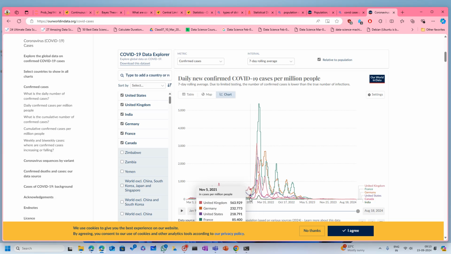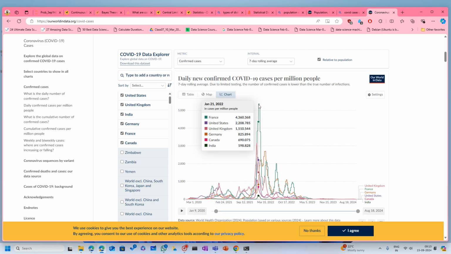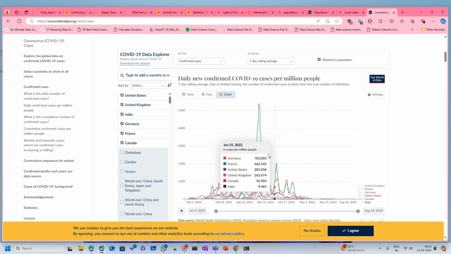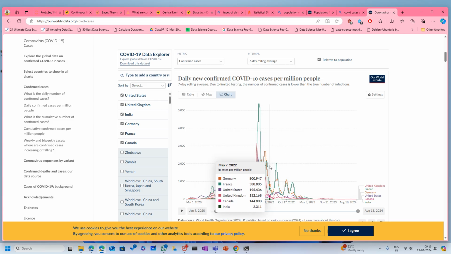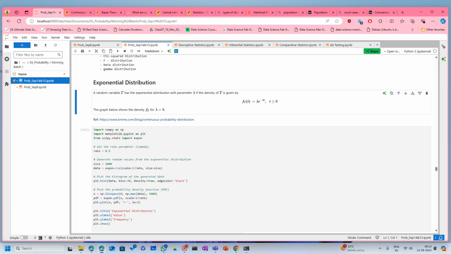Here the values were around 646,000, that means 6,46,000. But here the values suddenly were, what is the value here? Tenfold increase, 4.3 million or 5.3 million. So these types of distributions where you see a sudden increase or sudden decrease, either way, are called exponential distributions.